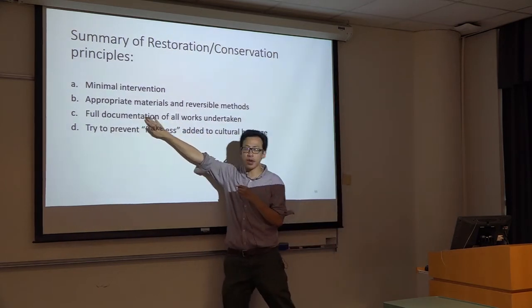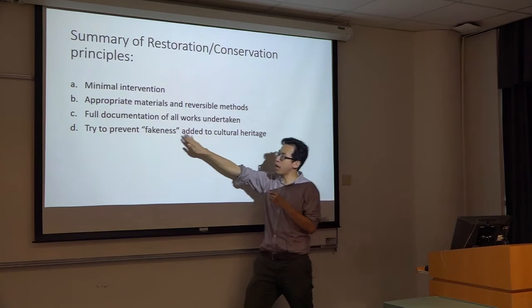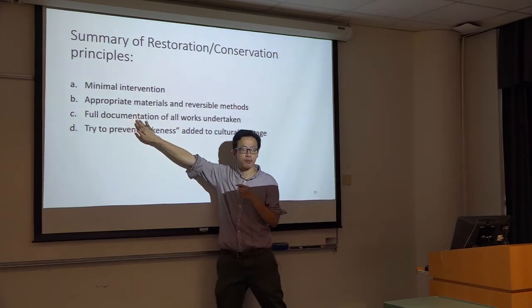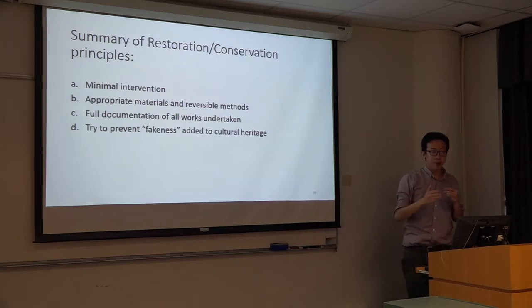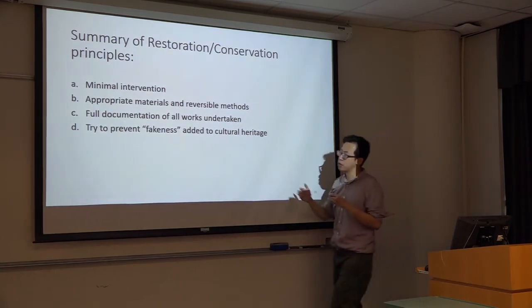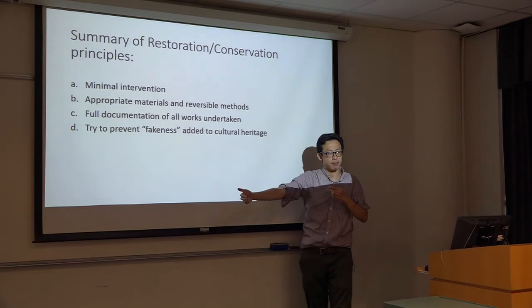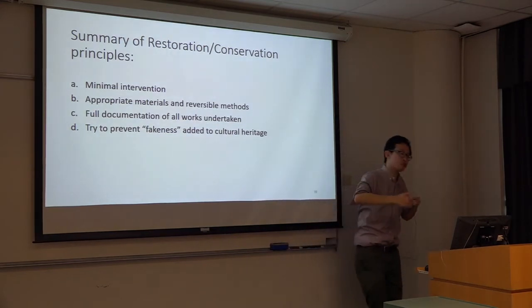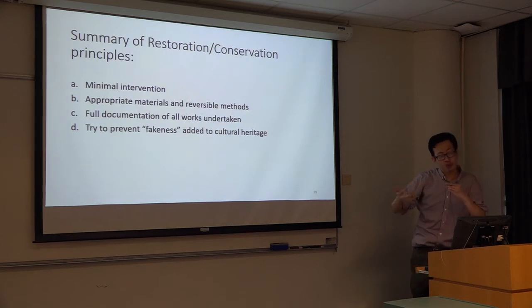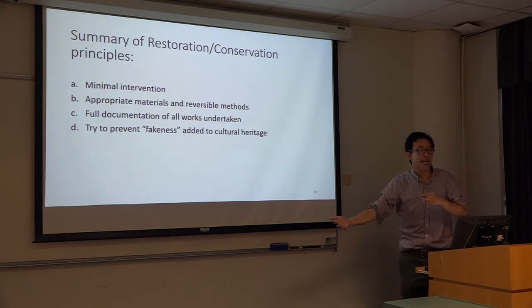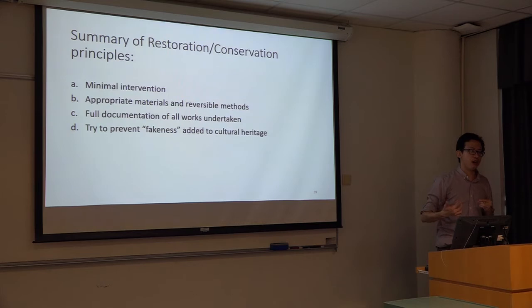Before all this work is done, we need a lot of documentation to understand how people made things before and all the information related to the current status, so that we can make sure the strategies or techniques that we use for the cultural heritage can match the original historical value.